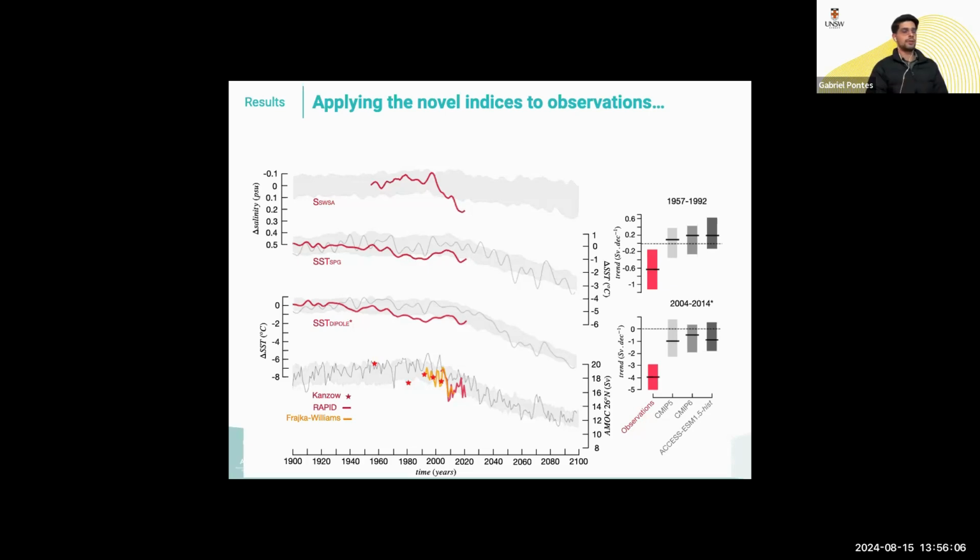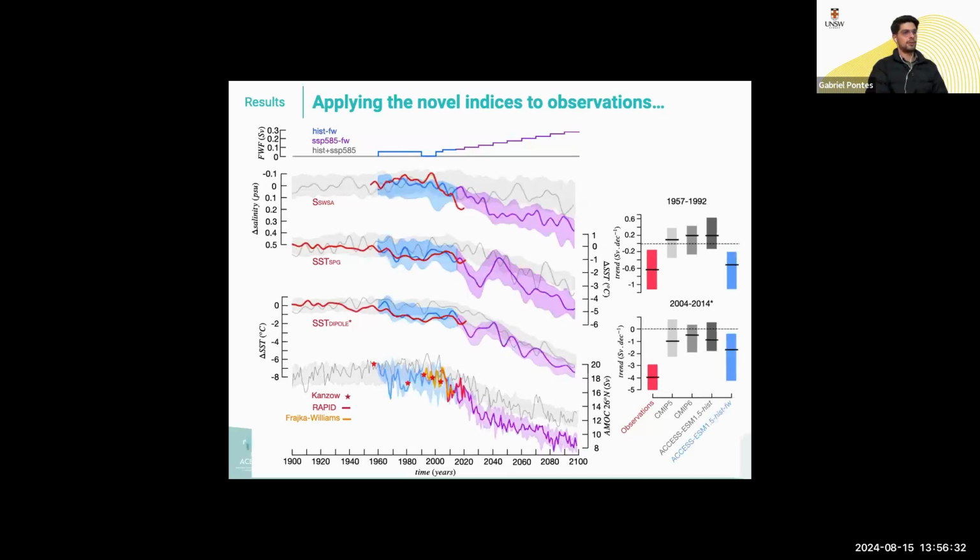And what we did was we tried to develop a freshwater forcing based on those indices in order to capture them and see if this could be related to the freshwater forcing. So we came up with a freshwater experimental design, a freshwater input for these, and those are the results of those simulations.